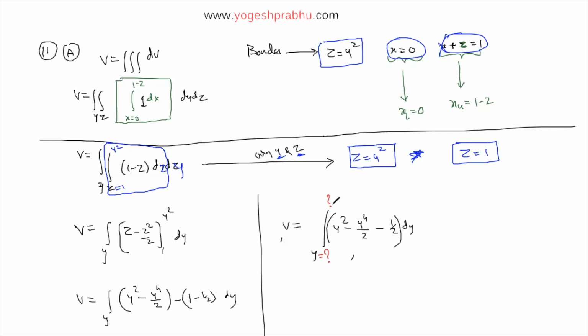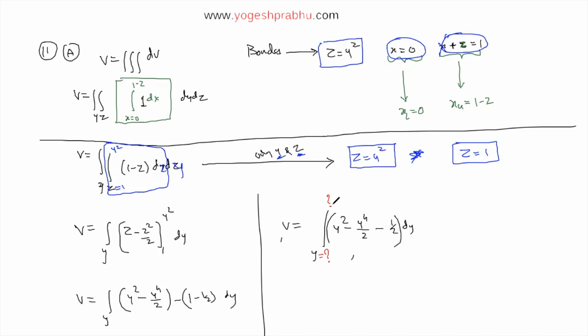So the first one will be 1. Now the limits of y are the challenge. You see in the solution he has done it already. Yeah, but how?